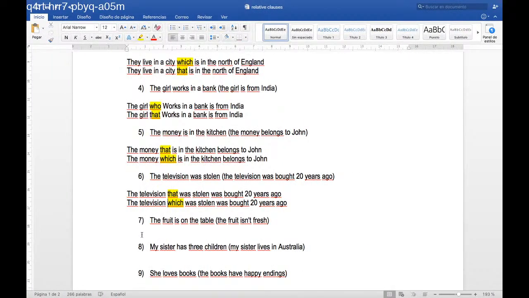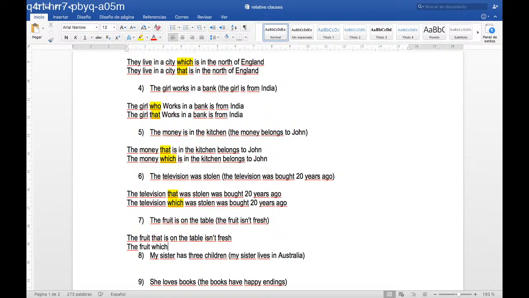So the possible answers could be: the fruit that is on the table isn't fresh, or maybe the fruit which is on the table isn't fresh, right? And these elements can help me to join the sentence, right?